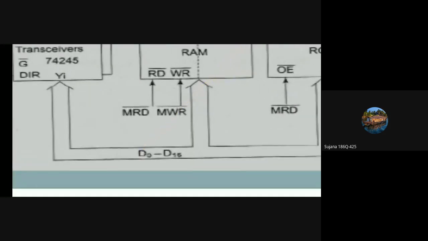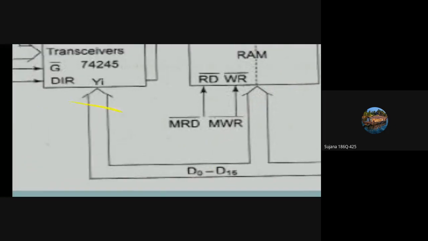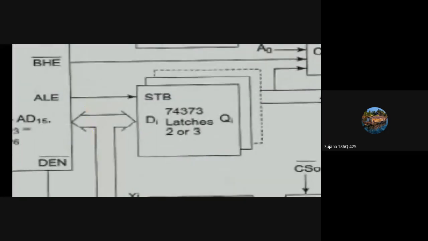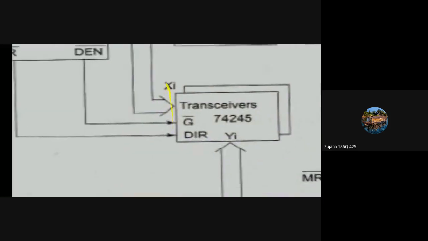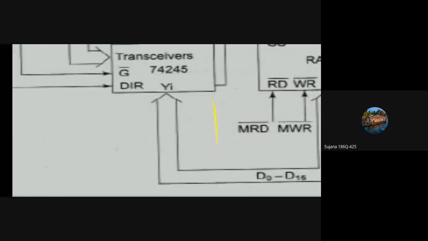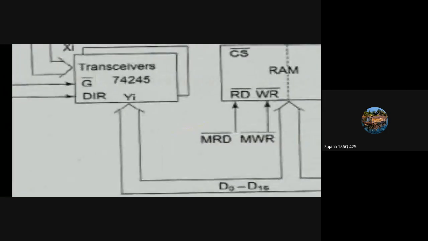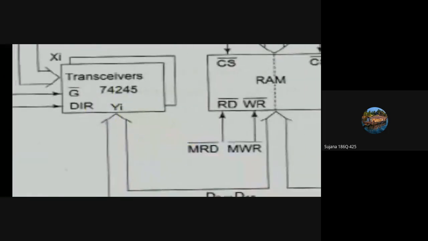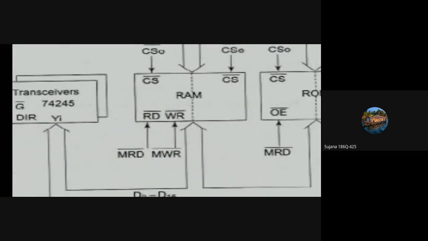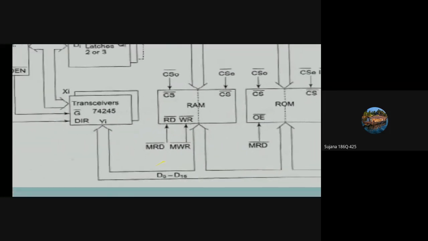Through this path, the transceiver will send the data that it received from the address data lines. So transceivers separate the data from address data lines, and the data at the transceivers will be sent to memory. The memory will store the data provided by the transceivers.